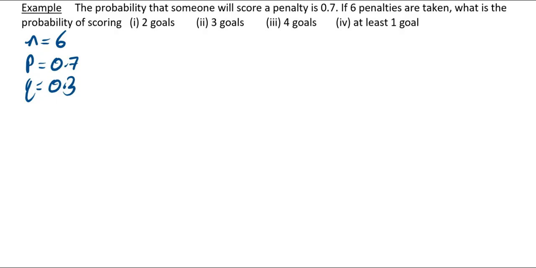So we want to find the probability of success, so the probability of getting 2 goals. We'll do out our probability distribution first of all.